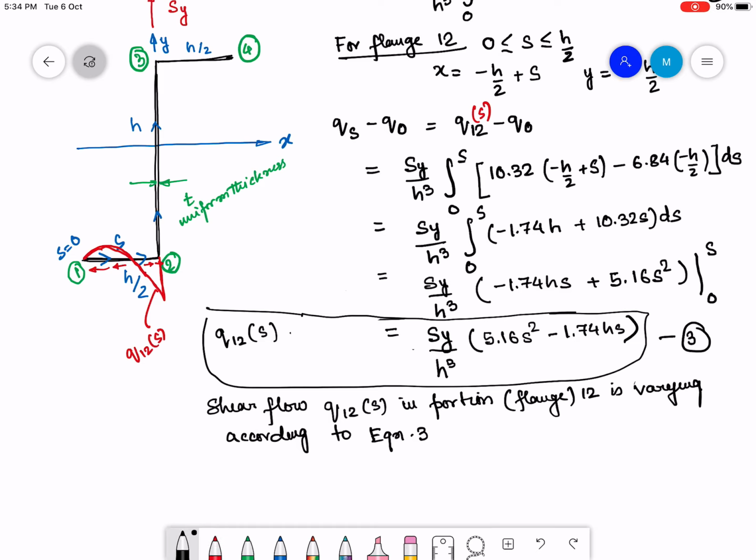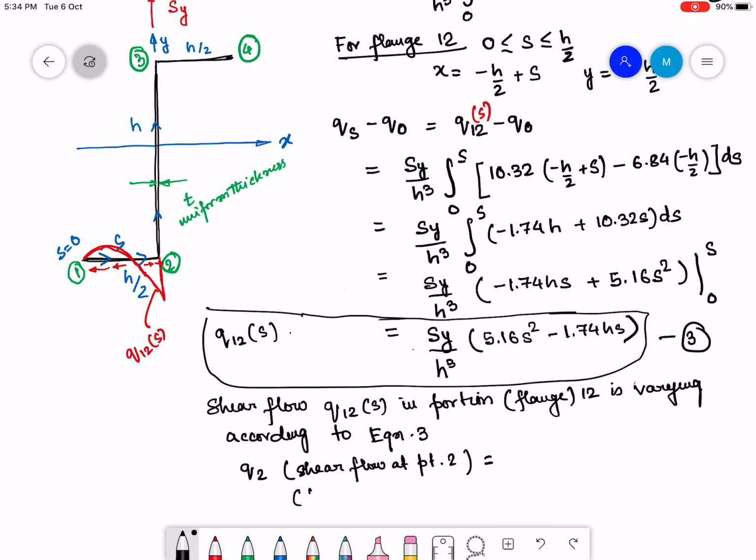Now let us find out what q2, the shear flow at point 2, is. Here I have to put s equals h by 2.